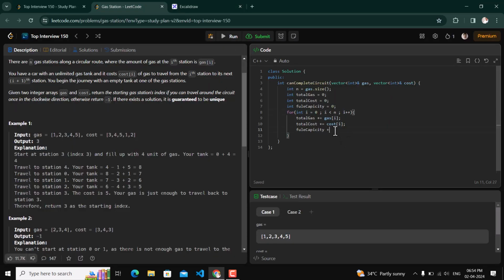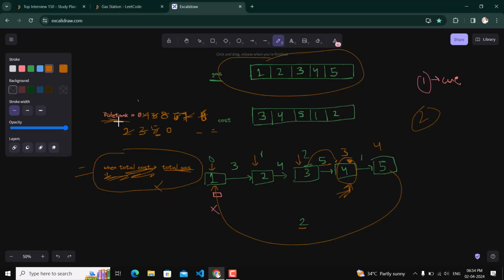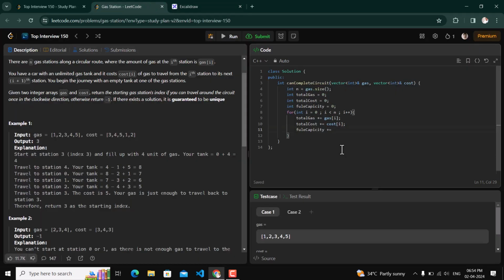We will add gas of I and subtract cost of I, because what we are doing to the fuel tank is adding the gas, then subtracting the cost. So gas of I minus cost of I.